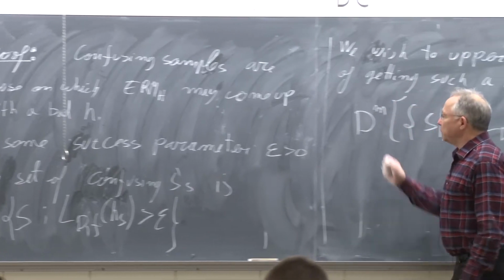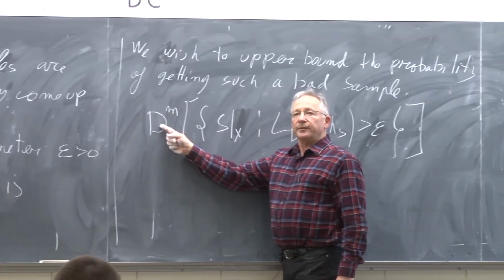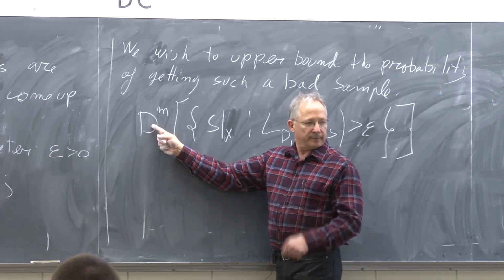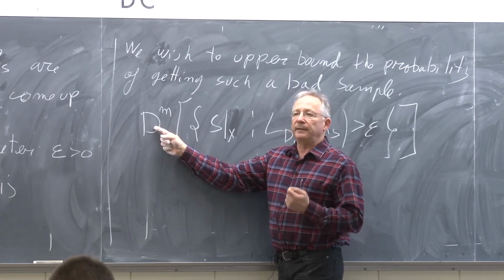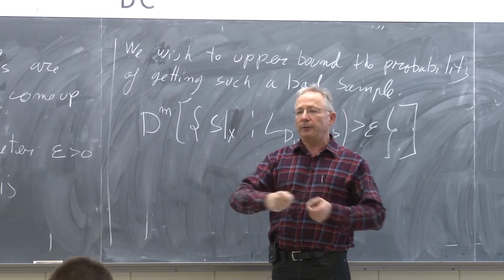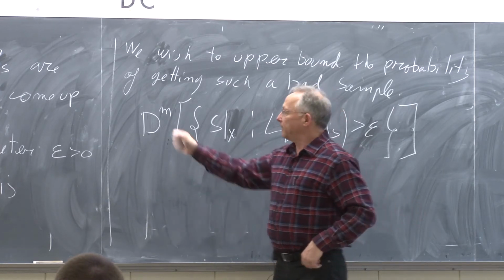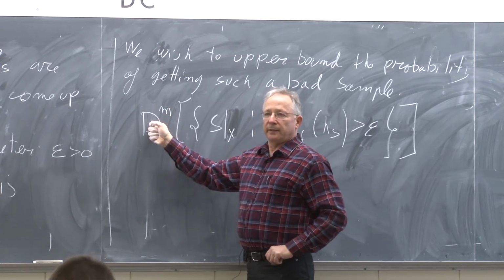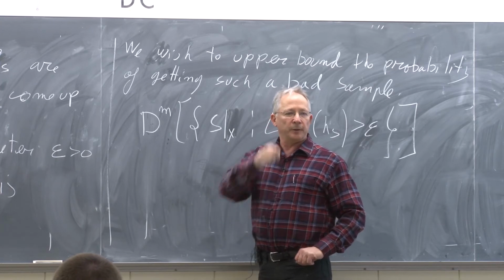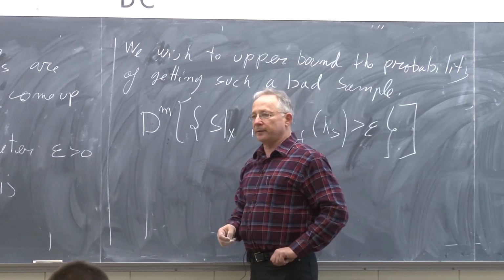Now, what do we have here? We have some unknown distribution D that generates points, generates papayas. We picked m of them independently. So the distribution over m tuples, over samples, is the m's power of D. We use D to pick the first one, we use D to pick the second papaya, we use D to pick the next papaya, and so on.